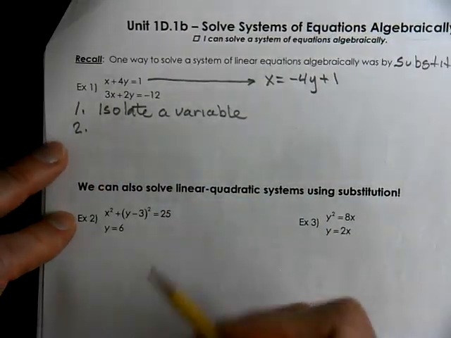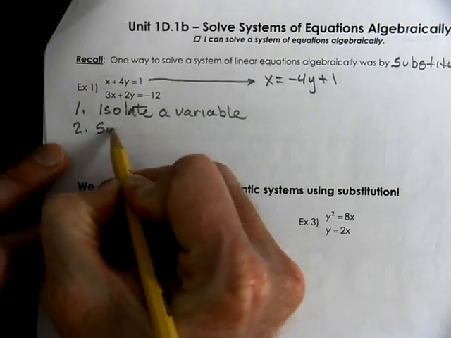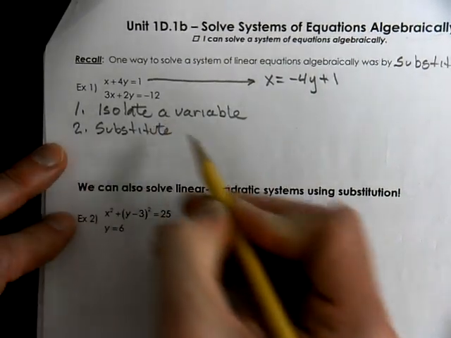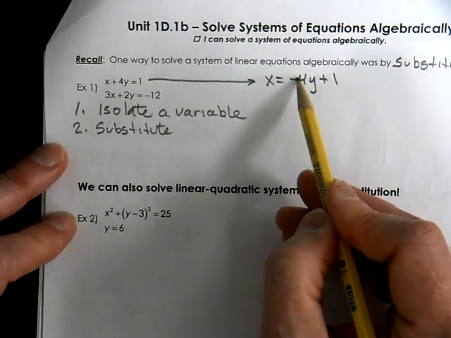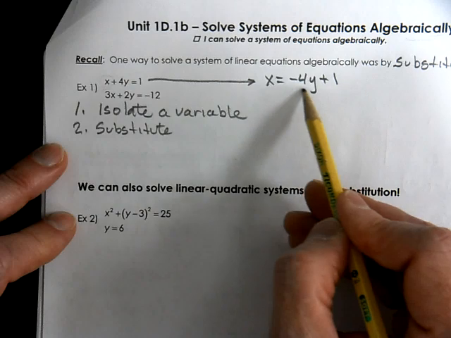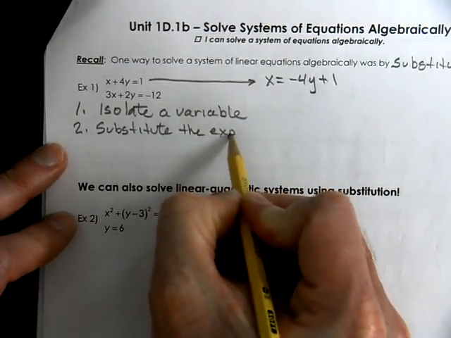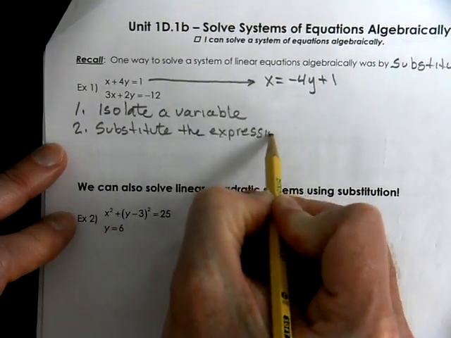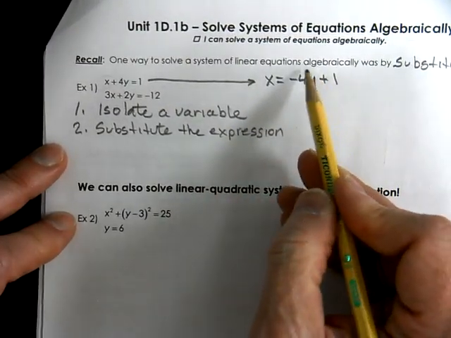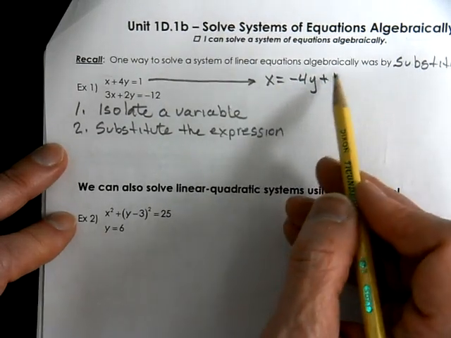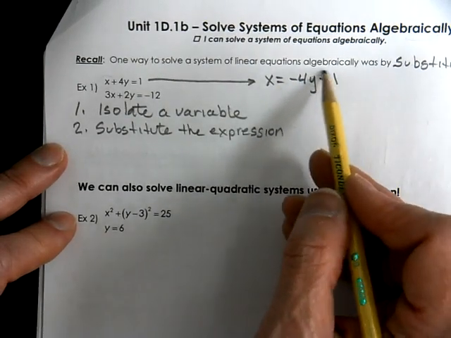Number 2, we're going to substitute this expression. It's called an expression because we're just substituting in the minus 4y plus 1. There's no equal sign with it. It's not an equation, it's an expression.